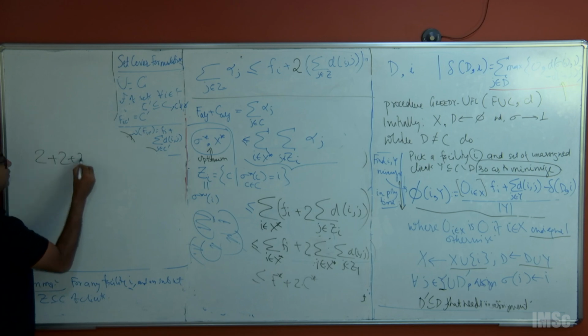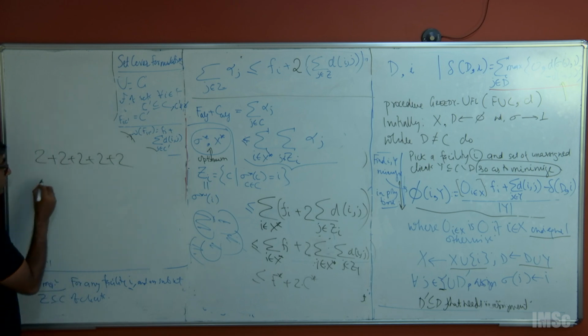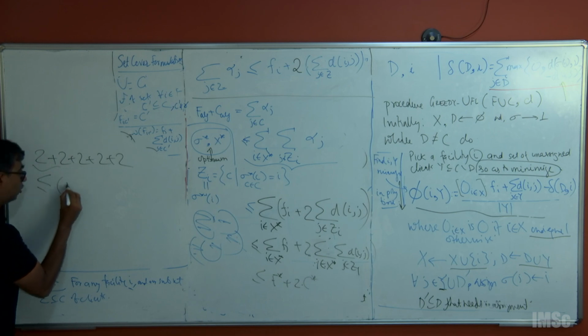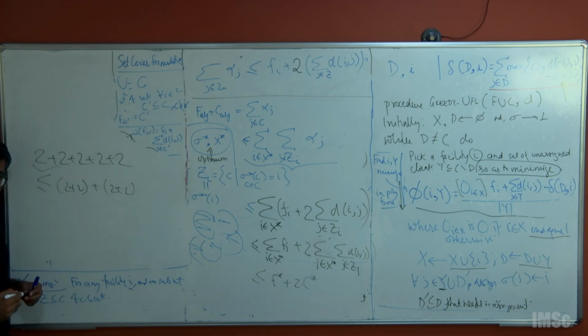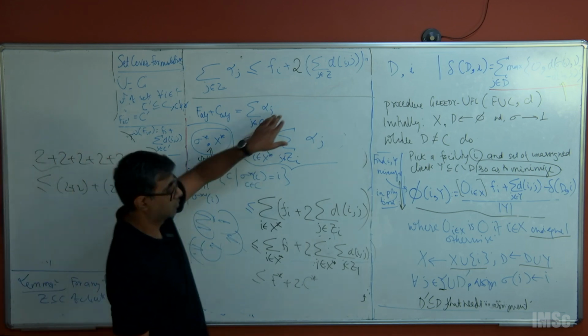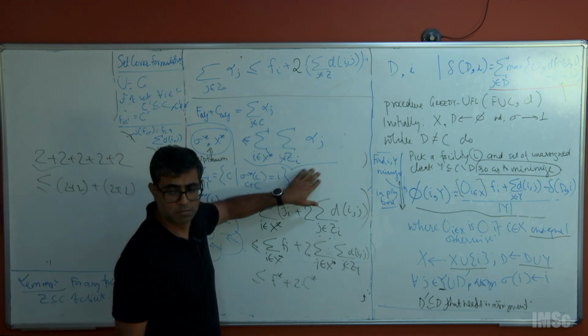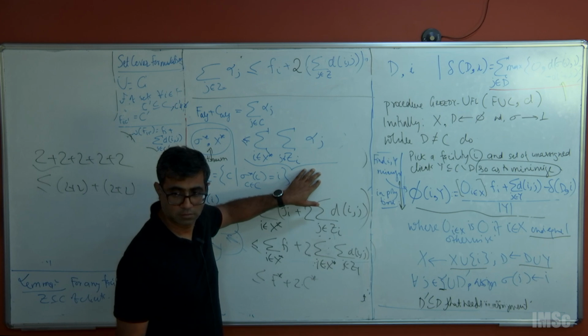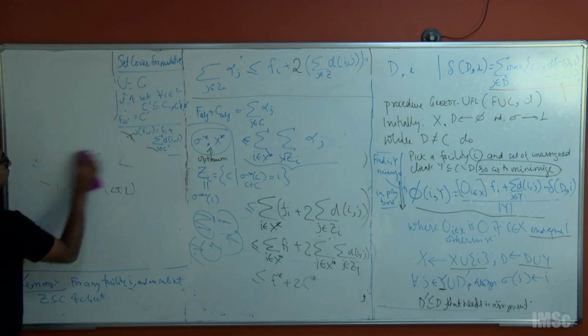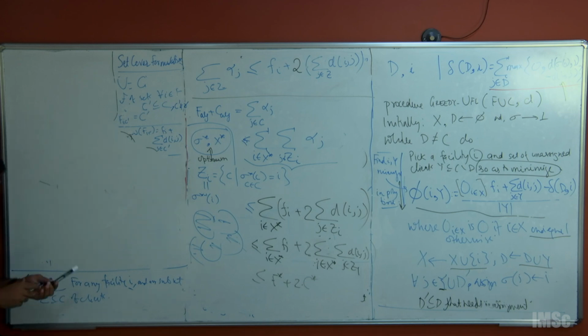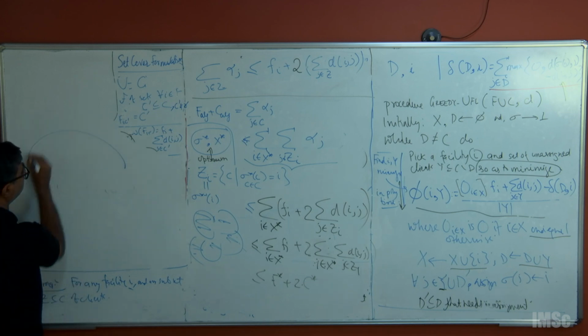2 plus 2 plus 2 plus 2 plus 2 is less than or equal to 2 plus 2 plus 2 plus 2. Do you agree to that? Yes. Okay. So what's the difference between this and that? Here are some numbers, which are alpha_j, and I am grouping those numbers. Here is your set of clients, right?